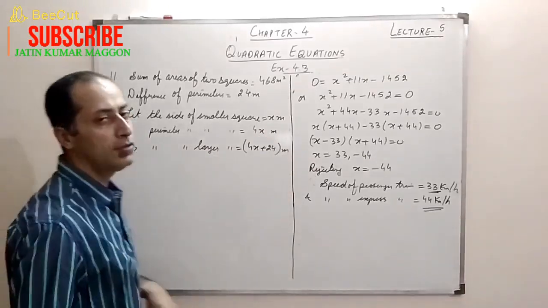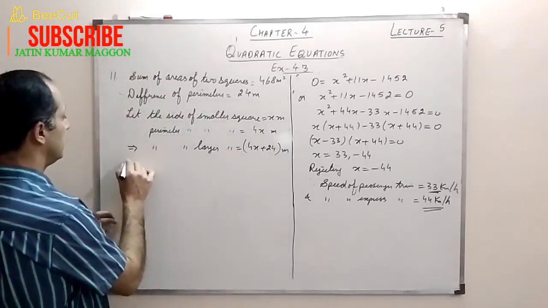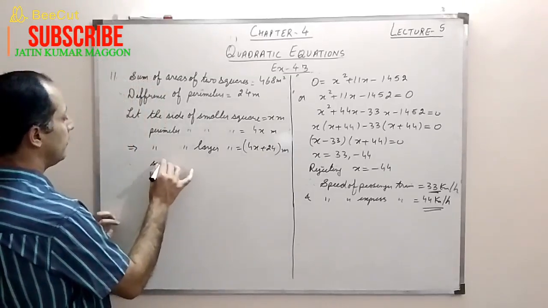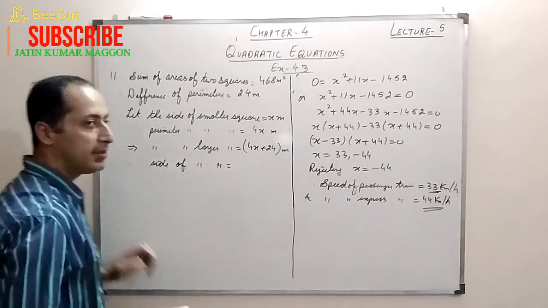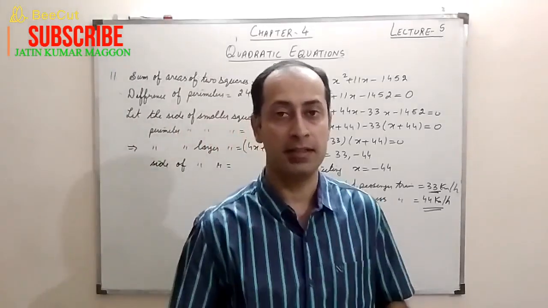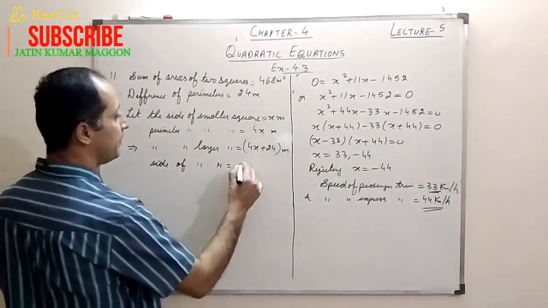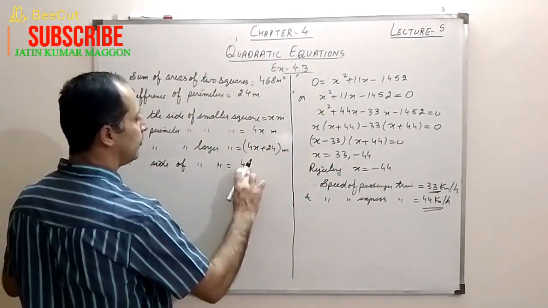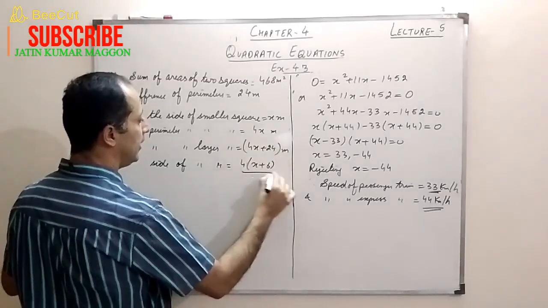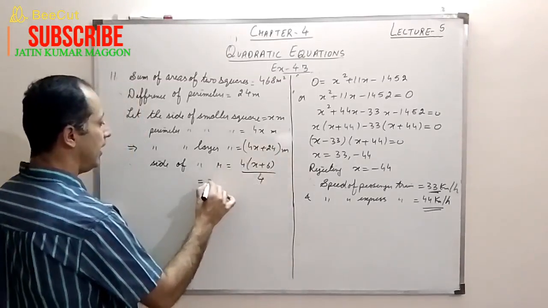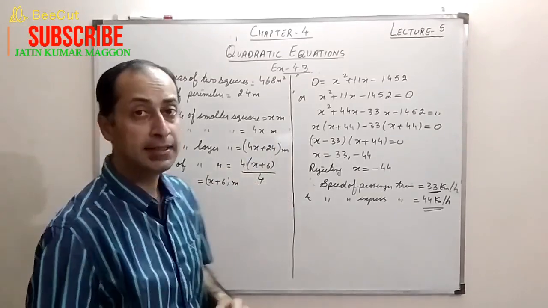Now from here we can find the side. If the perimeter of a square is given, we divide the perimeter by 4. This is 4x plus 24, I take 4 common: 4 into x plus 6, and then divide by 4. So I get the side of the larger square as x plus 6 meters.